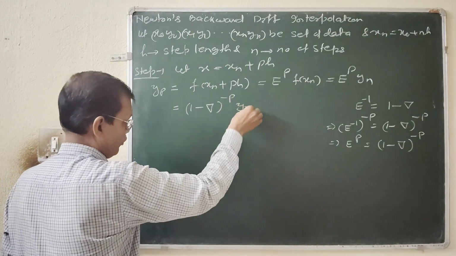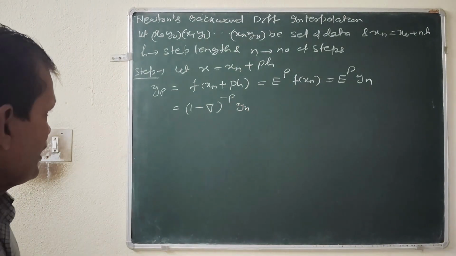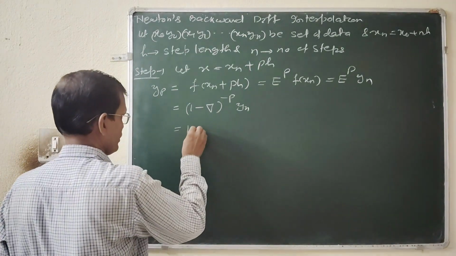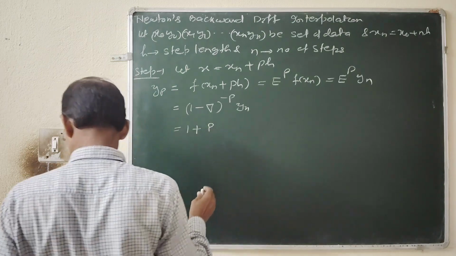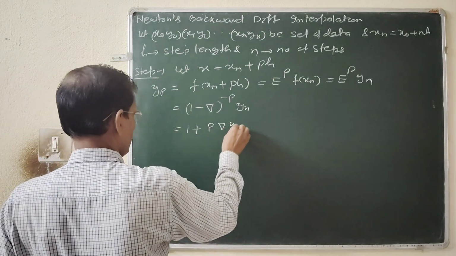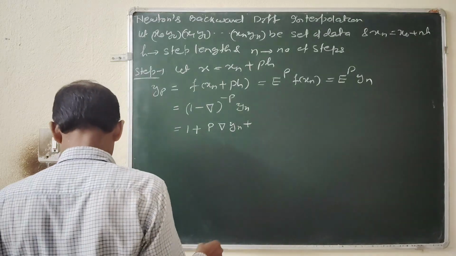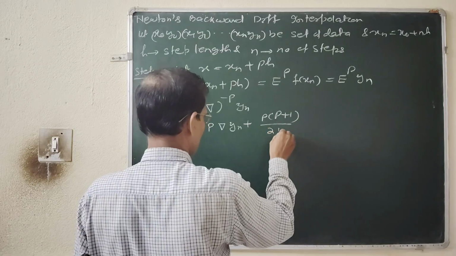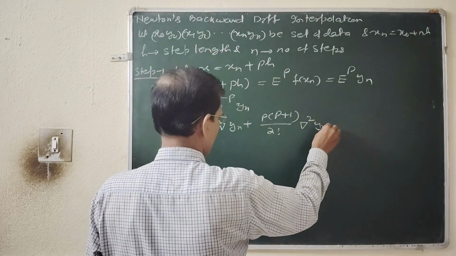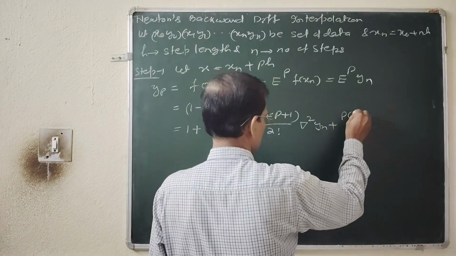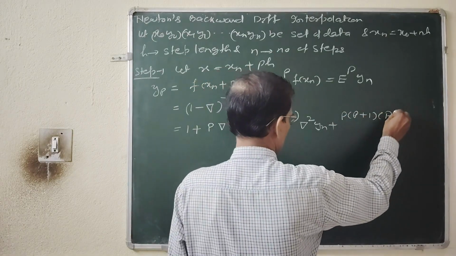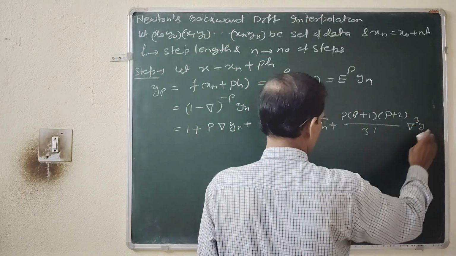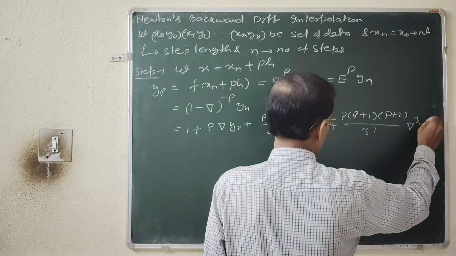So in place of e to the power p, we put this value, that is 1 minus backward delta to the power minus p, yn. Then expanding this as per the binomial theorem, we get 1 plus p backward delta yn plus p into p plus 1 by 2 factorial backward delta square yn plus p into p plus 1 into p plus 2 by 3 factorial backward delta cube yn, and so on.